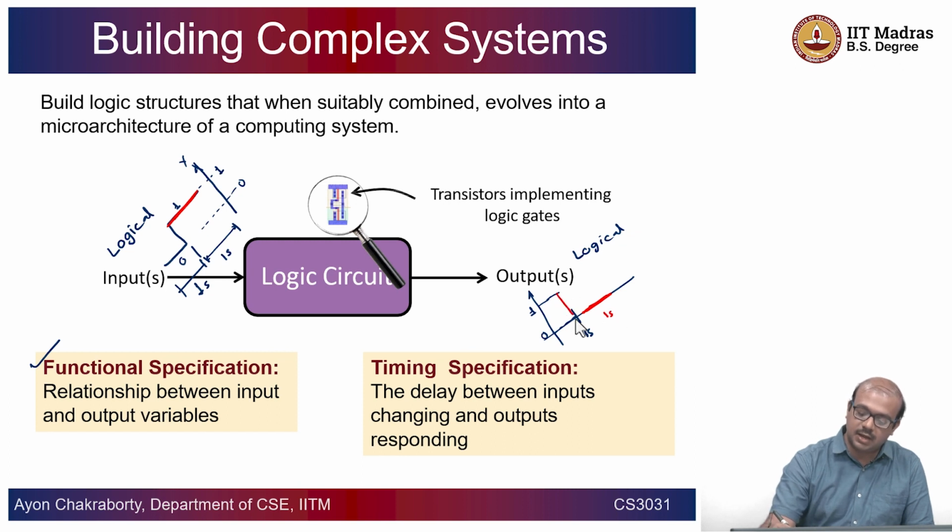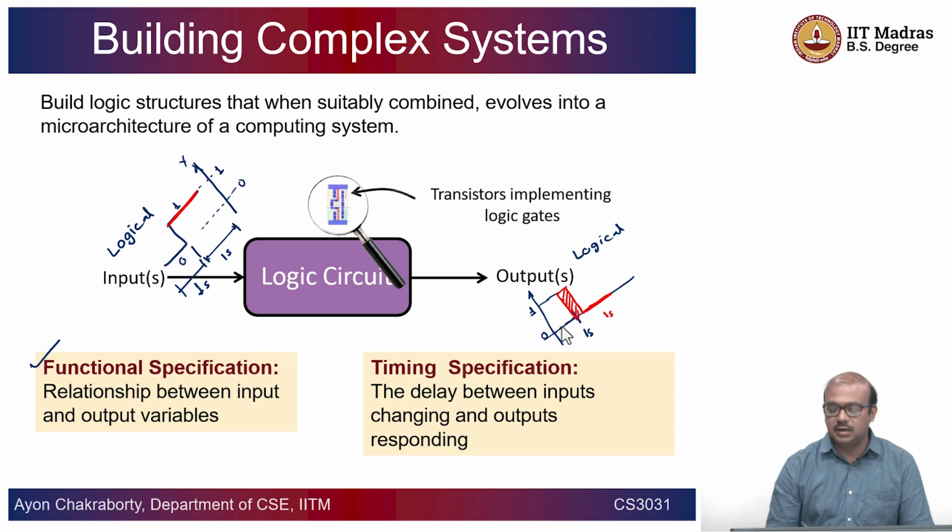But there might be some kind of a delay, that even if your inputs have changed, its reflection in the output is not instantaneous. This is something that you have to also remember, because in many of the internal designs, there are multiple stages of such logical circuits, right?